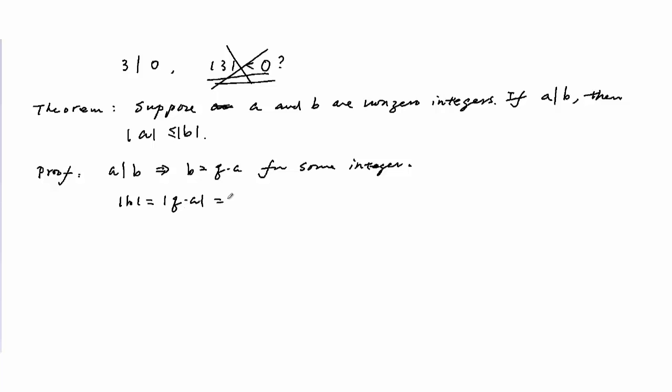We proved this one as an exercise. Then it equals absolute value Q times absolute value A. So now we can see that Q is not 0, right?